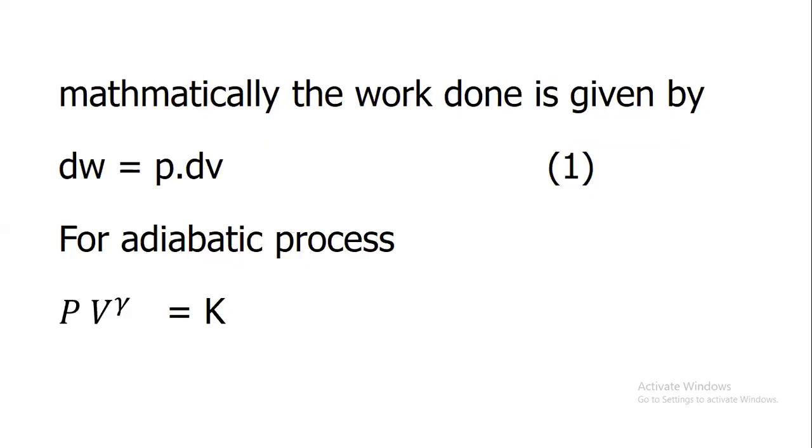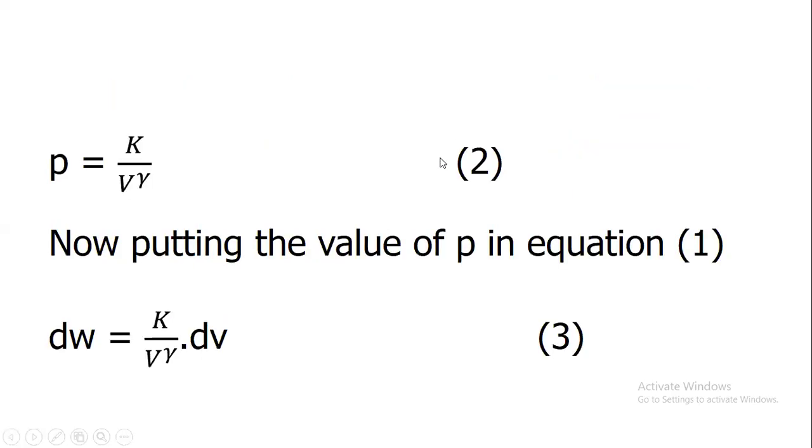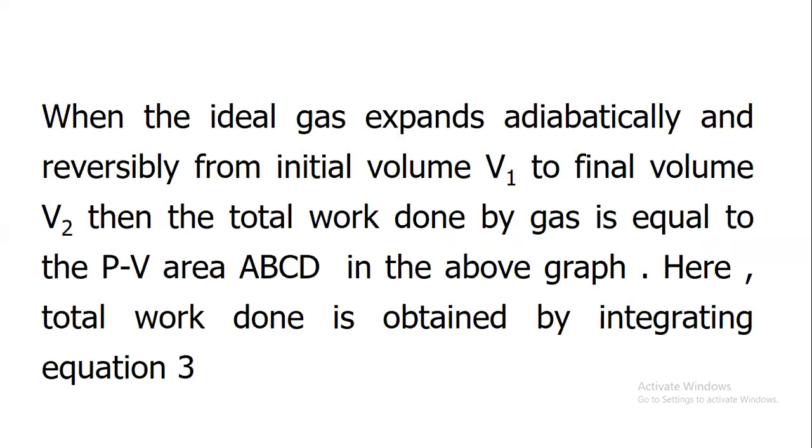Mathematically, the work done is given by dW equal to PdV. For an adiabatic process, PV gamma equal to K, so P equal to K over V gamma. Now putting the value of P in equation 1, dW equal to K over V gamma dV.